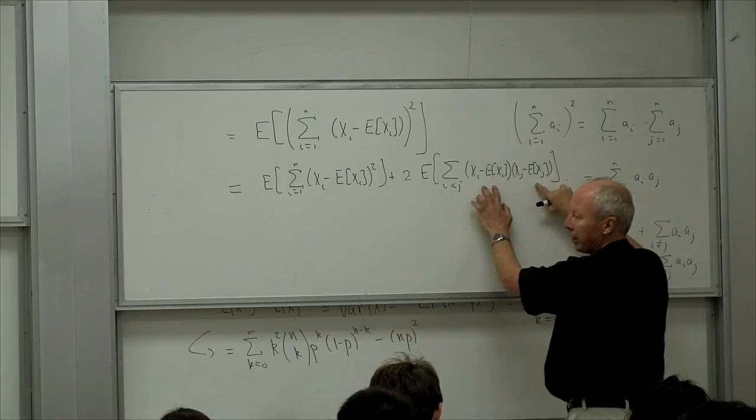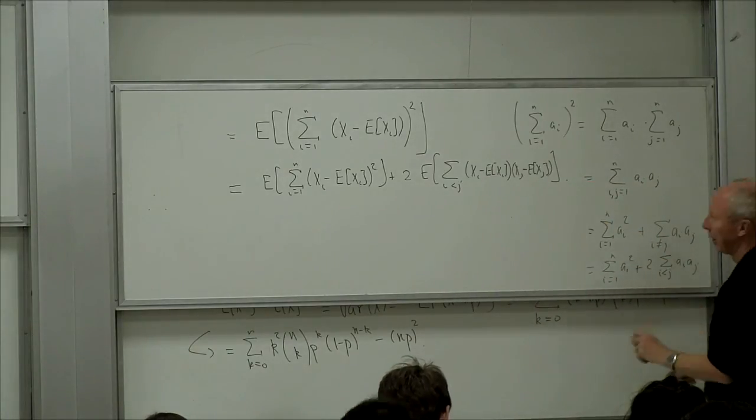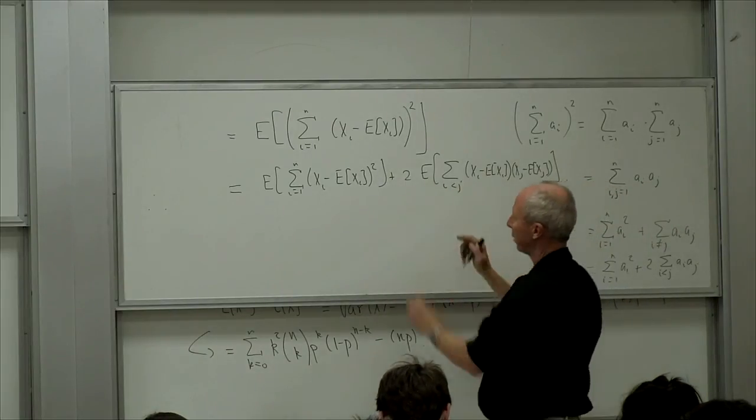Here is the a_i a_j term. And now I can take the expected value inside the sum.